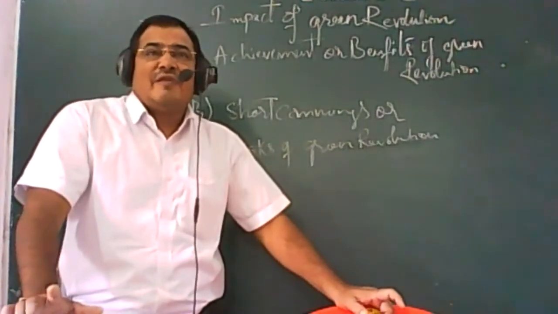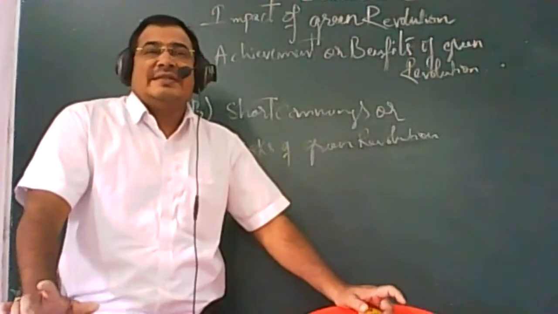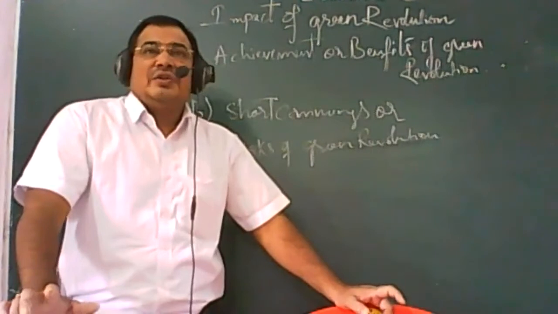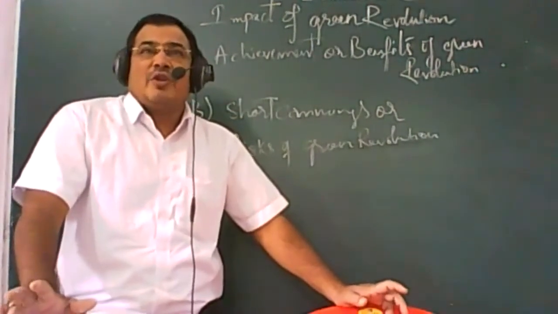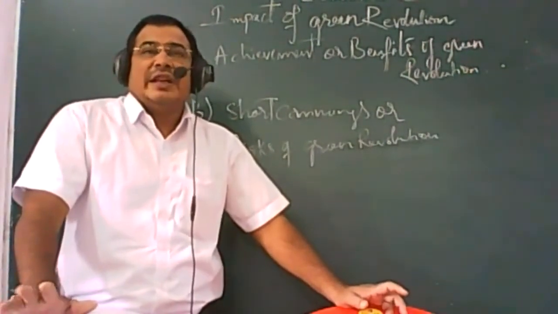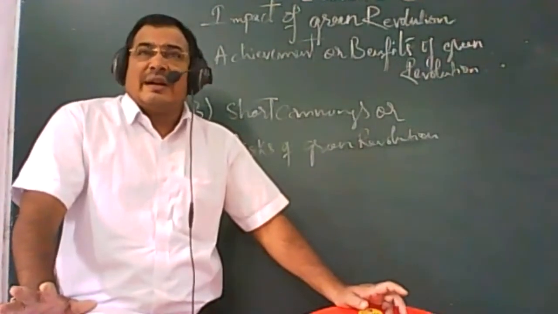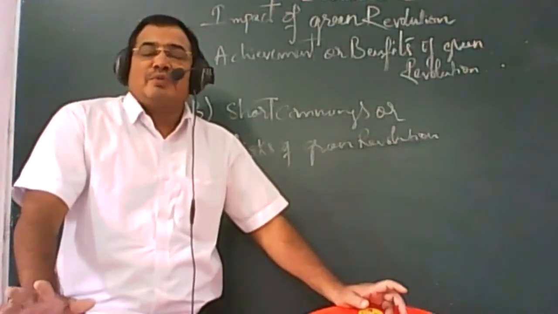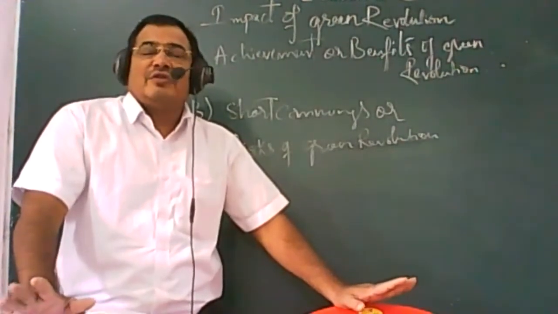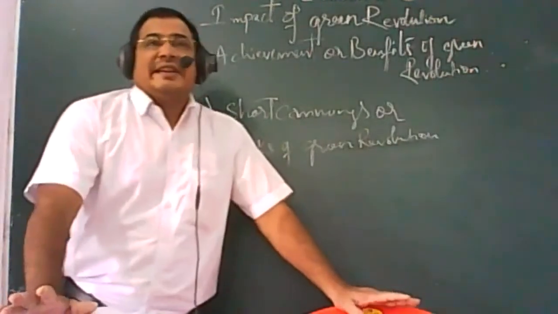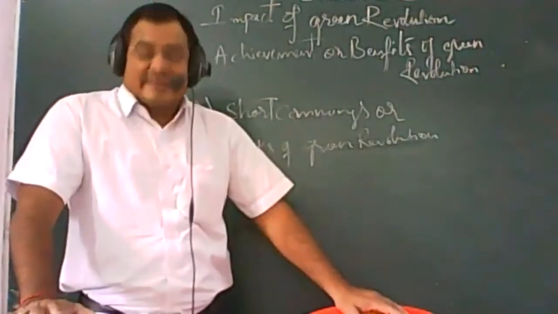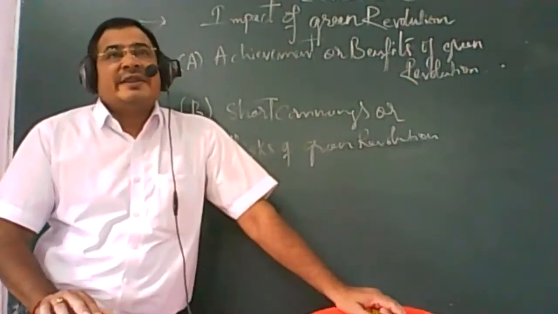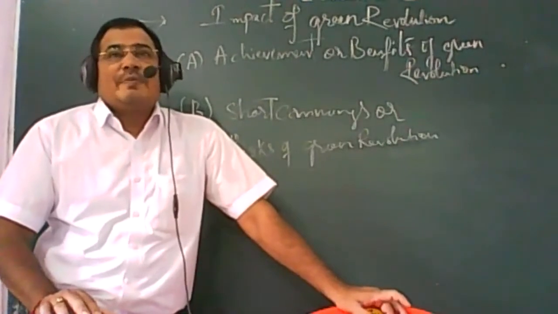Different types of crops were grown in different seasons, by which the different seasons' crops led to an increase in employment opportunities, an increase in production for commercial purpose, and it also led to the production of different crops increasing to a larger extent. Means the green revolution has facilitated the multiple cropping system.